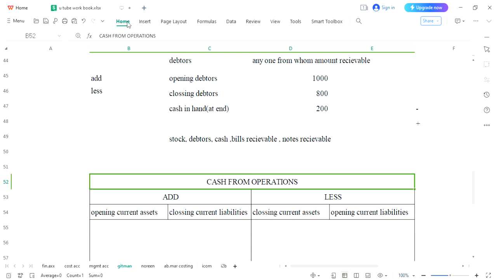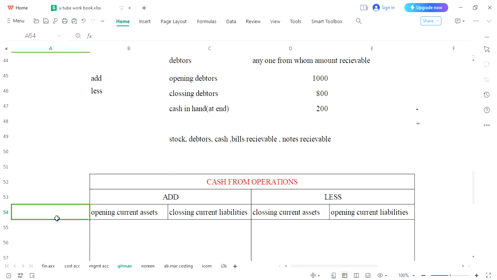So for cash from operations, we have four elements related to this. You will add opening current assets, you will add closing current liabilities, you will subtract closing current assets, you will subtract opening current liabilities, and finally the answer you have would be cash from operations.